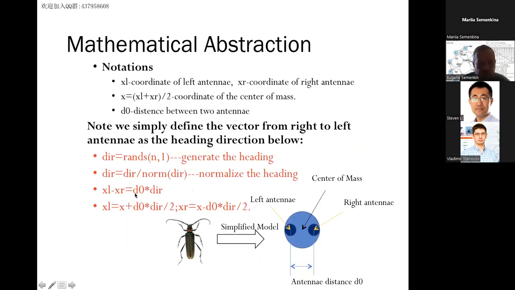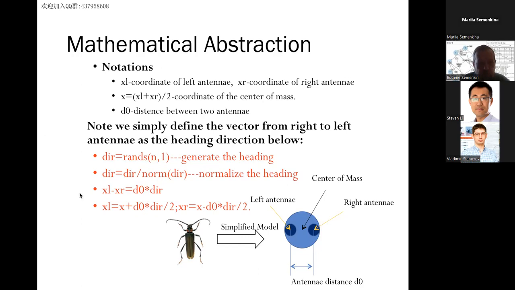The update rule is quite simple, as highlighted over here. First of all, we generate a random direction, which is a heading direction for the beetle in n-dimensional space, which is a random variable. We randomly determine the orientation of the beetle in n-dimensional space. Then we do the normalization to make it meaningful only for the direction.